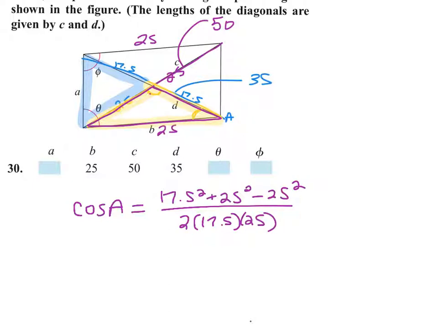So second cosine, group my 17.5 squared plus 25 squared minus whatever, so I don't really need both of those, but divided by 2 times 17.5 times 25. And I get that little corner angle here is 69.51.